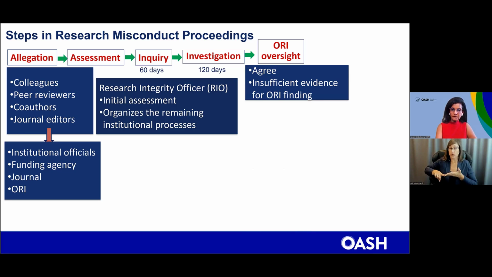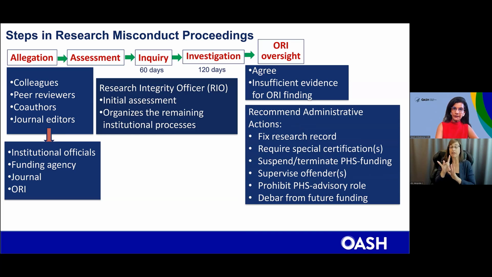At the end of the investigation, the institution submits the report to ORI, and ORI reviews the report and the evidence used to make a finding of misconduct or not. Then we agree with the institution and either recommend a separate Public Health Service finding, or we sometimes do not make a separate finding, but agree with the institution and decline to pursue one.